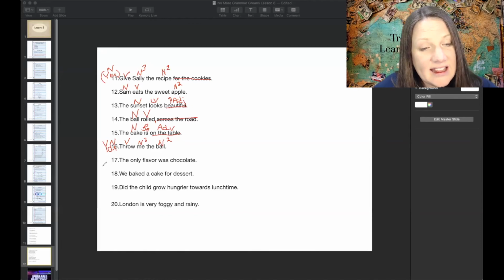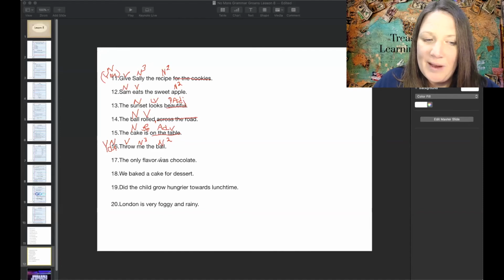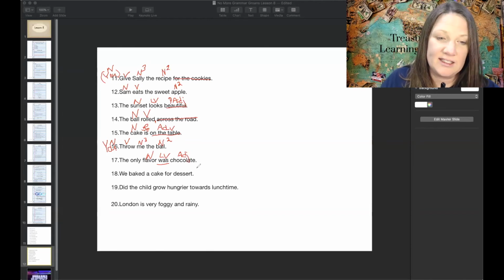Number 17, the only flavor was chocolate. I see a simple verb. I do not see prepositional phrases. Was, and we have chocolate, which is a good adjective, so this has to be a linking verb. Flavor is what is being described.